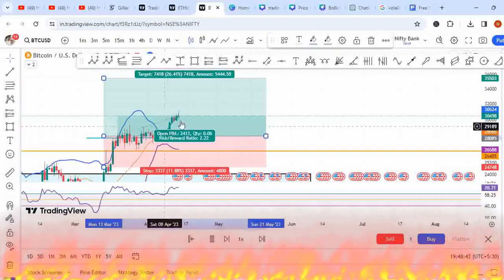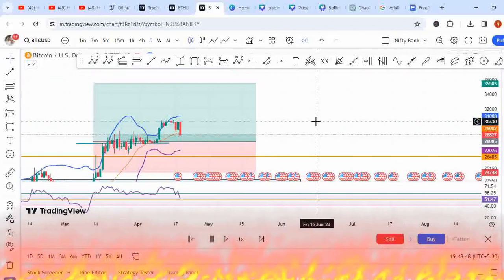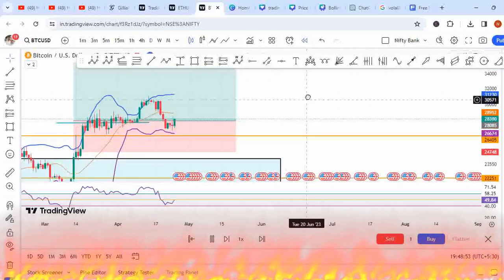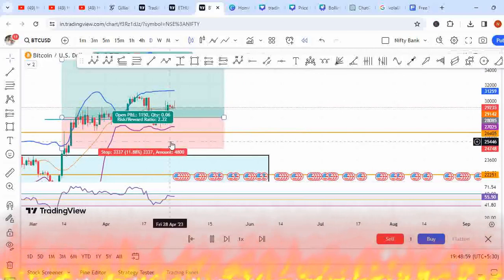Again, you can add more position. Again, it breaks up. Here, no loss.